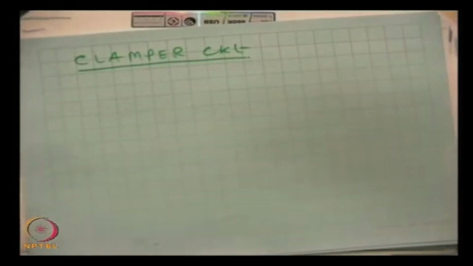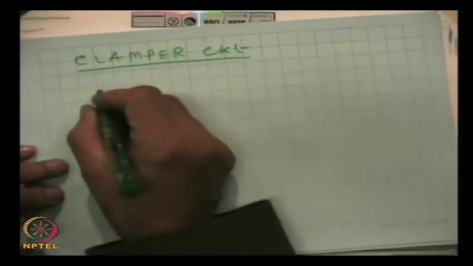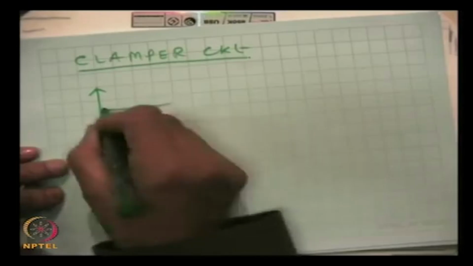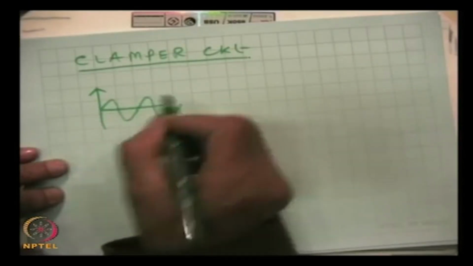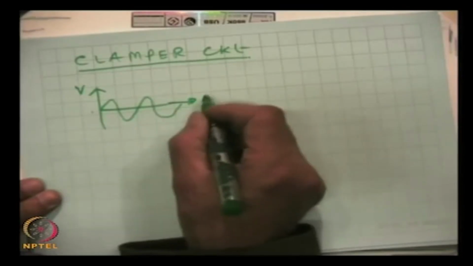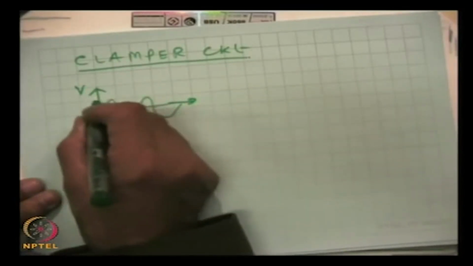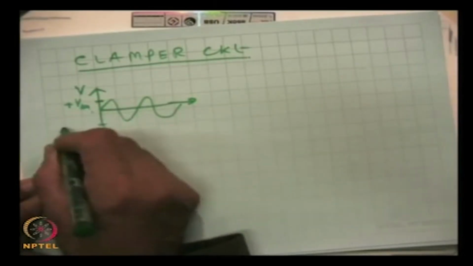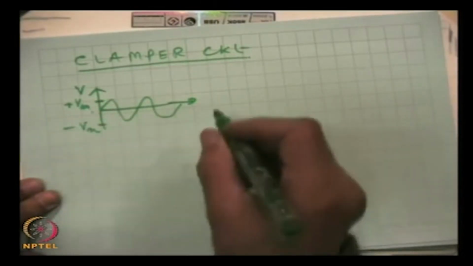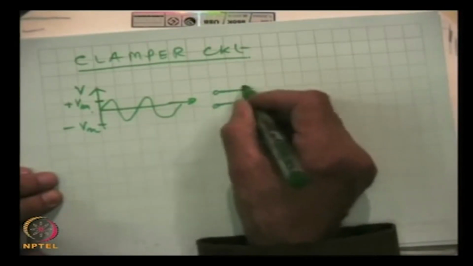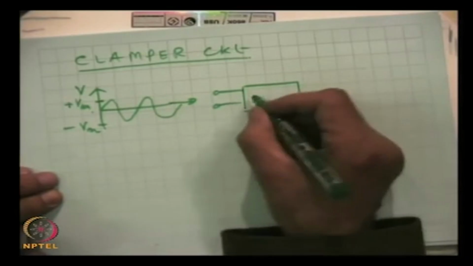First, let us look at the principle of clamper. If there is a wave like this, where this is voltage and this is time axis, and this is plus Vm, this is minus Vm, this is applied to the clamper.